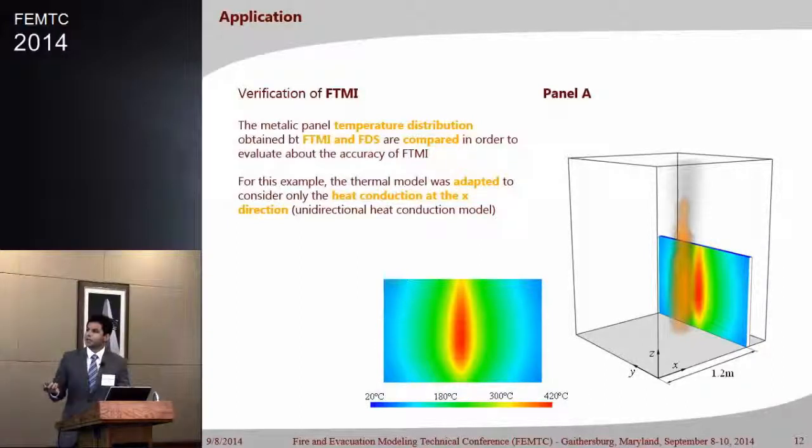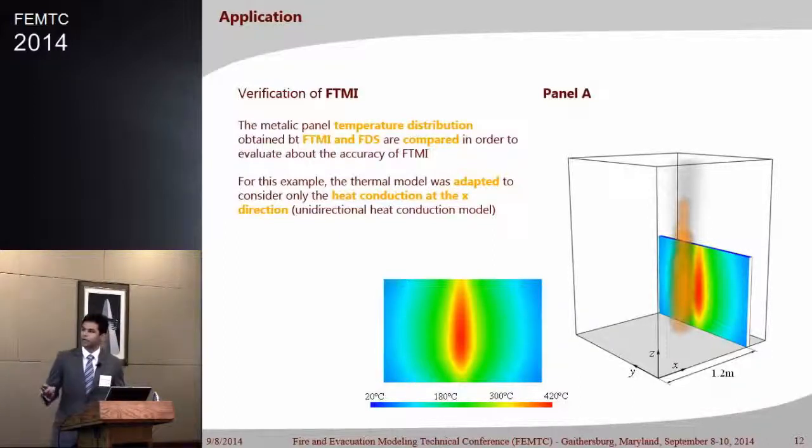For this example, we need to adapt our thermal model to just consider the heat conduction in the X direction. By that means, we keep the comparison at the level of the interface. We are using a thermal model similar to what FDS has, a one-directional heat conduction model. That's the adiabatic surface temperature distribution with 5 minutes of fire elapsed time.